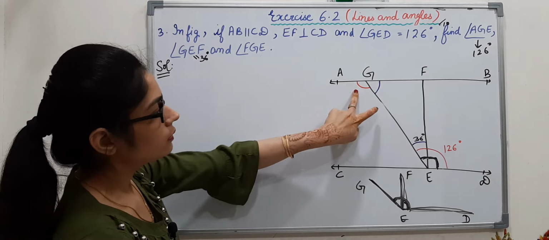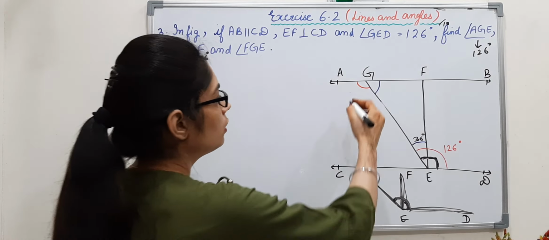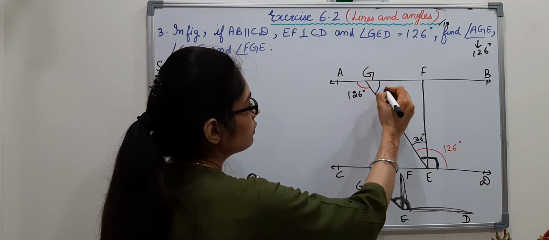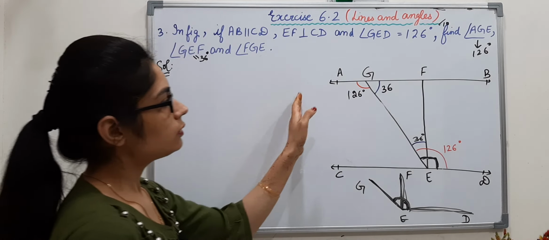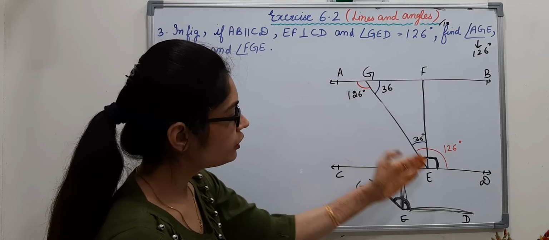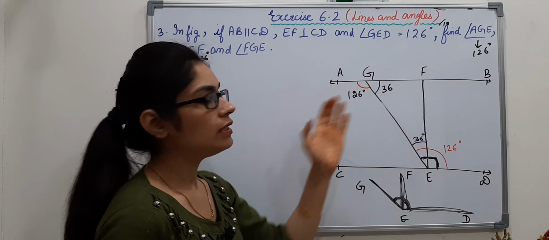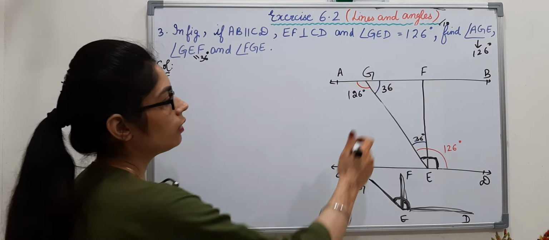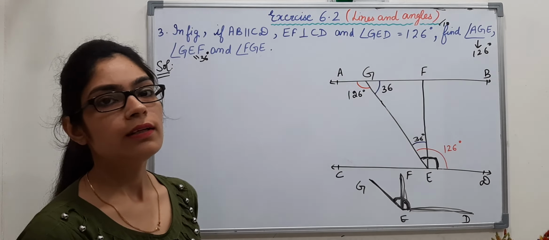Now these two angles, this one and this one, are forming a pair of adjacent angles such that their sum is equal to 180 degrees, because AB is a line and GE is a ray which stands on this line. So the sum of this pair of angles is 180 degrees as it is a linear pair.